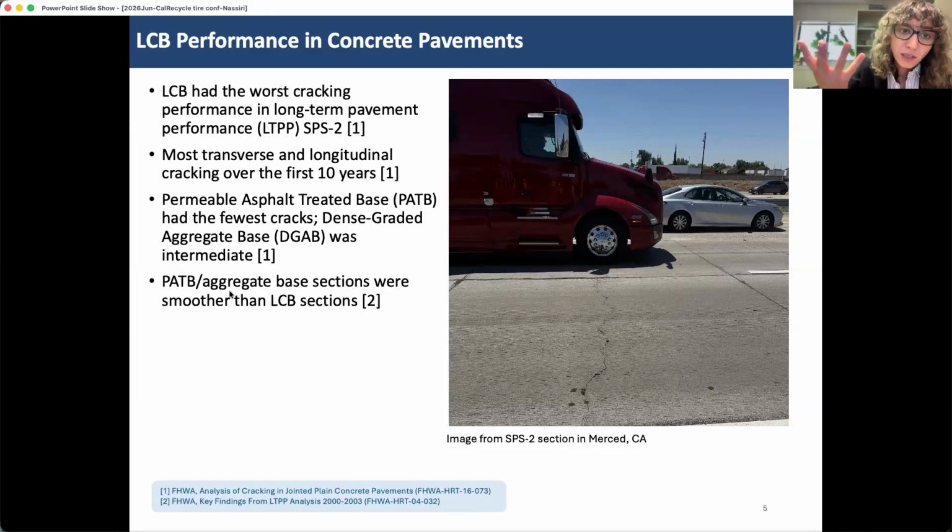These studies are indicating that the LCB is generally showing more transverse and longitudinal cracking over the first 10 years and is generally showing rougher rides compared to its counterparts, which are aggregate bases or asphalt treated bases.